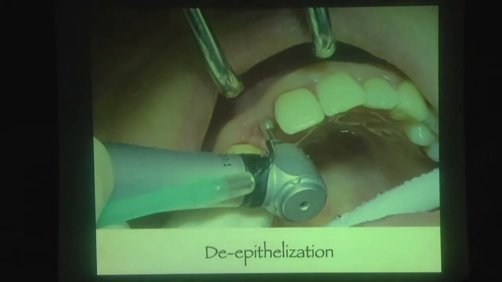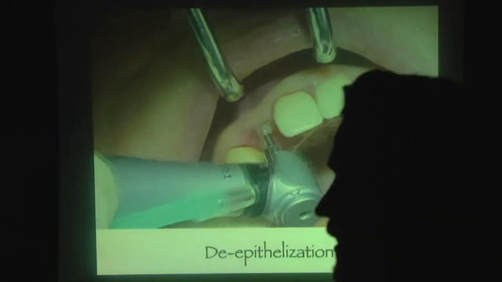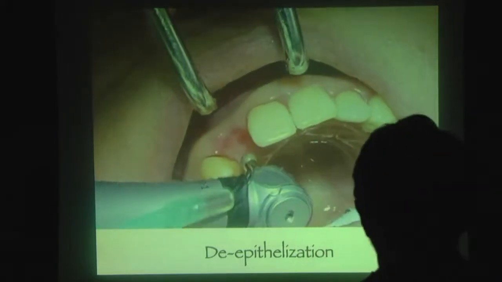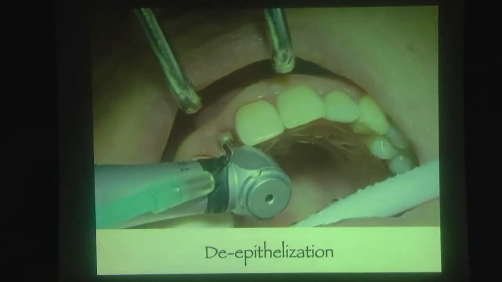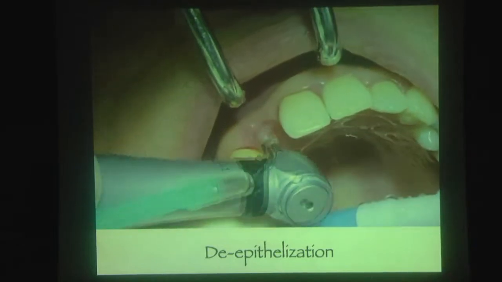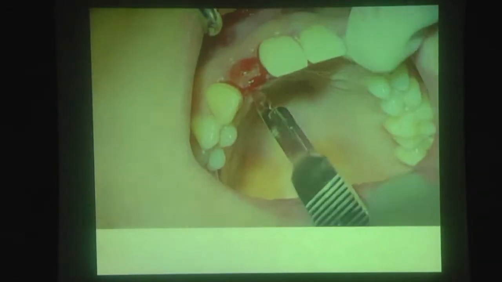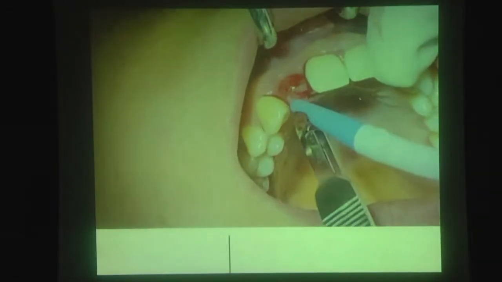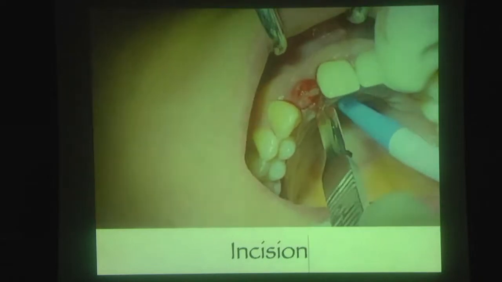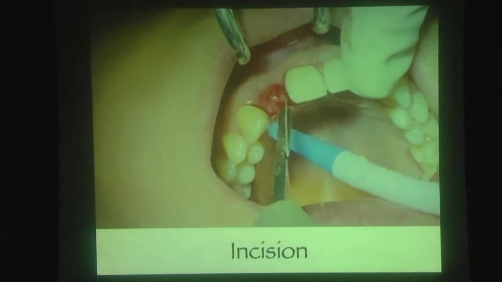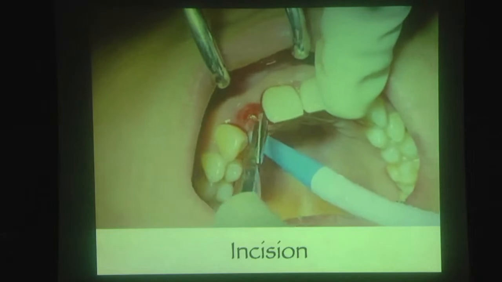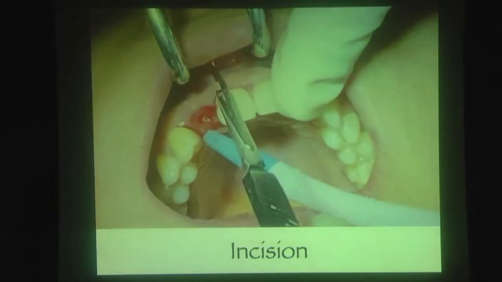With connective tissue to connective tissue, everything will be okay. So we made the bleeding and the de-epithelialization. After it, we made the incision a little bit palatally, okay? And first, we have to do it full thickness, and we get the bone touch. It is very important.